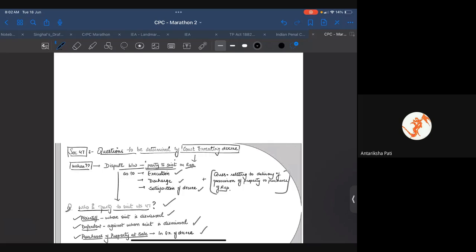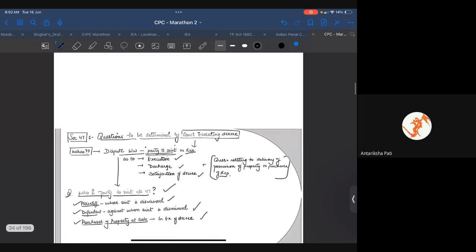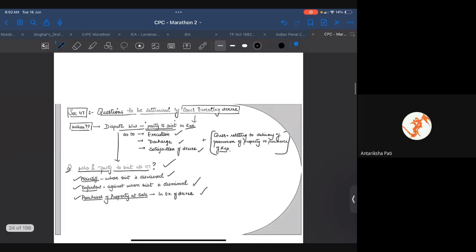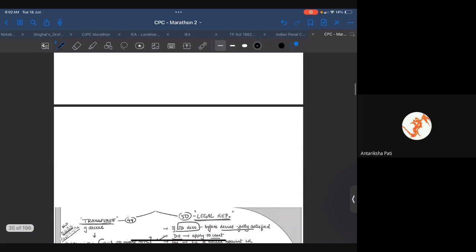Now, who can file under Section 47? The plaintiff, the defendant against whom the suit is dismissed, or the purchaser of property at a sale in execution of the decree. All of them can file an application for questions to be determined by the court executing the decree.